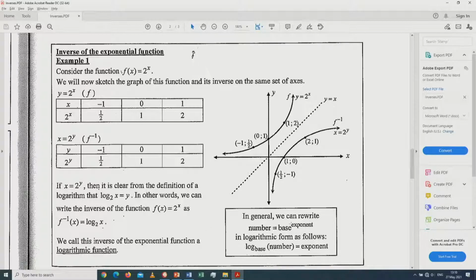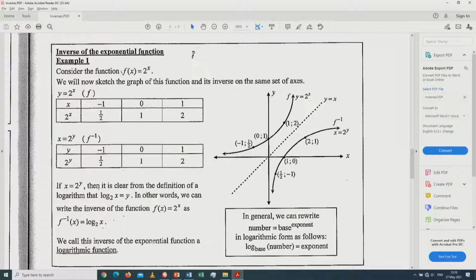This is just a general rule that we use to convert exponential to log and vice versa. This one, inside this square. We call this inverse of exponential function a logarithmic graph. In short, we just say a log graph. Log is just an abbreviation of logarithm.